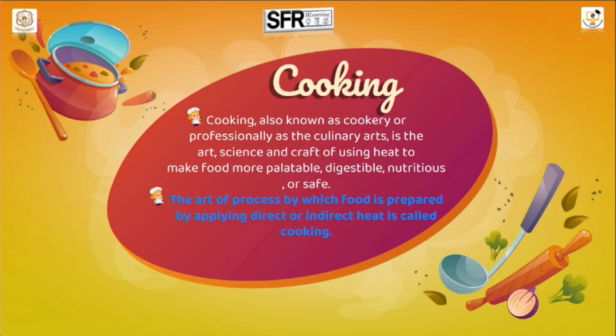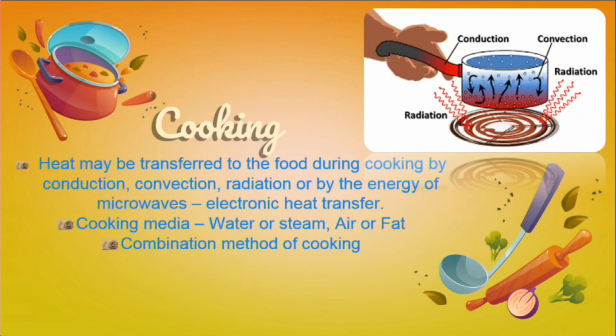The process by which food is prepared by applying heat, whether direct or indirect, is called cooking. In cooking, we apply heat to the food. Heat may be transferred to the food during cooking by conduction, convection, radiation or by the energy of microwaves. It may be electronic heat transfer.